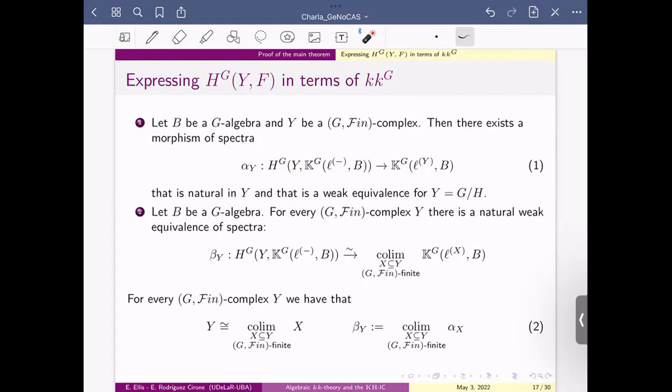But once we have constructed these morphisms, we can use them in order to show that we have a weak equivalence from here to here.